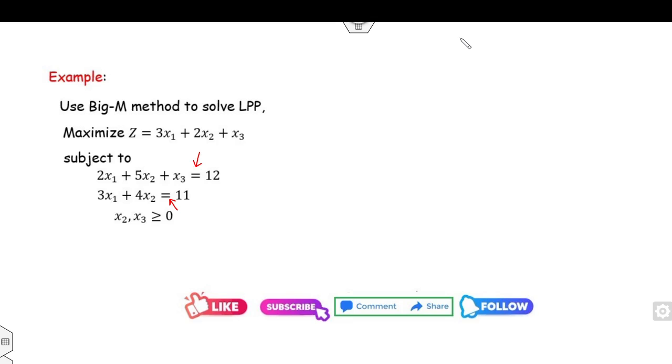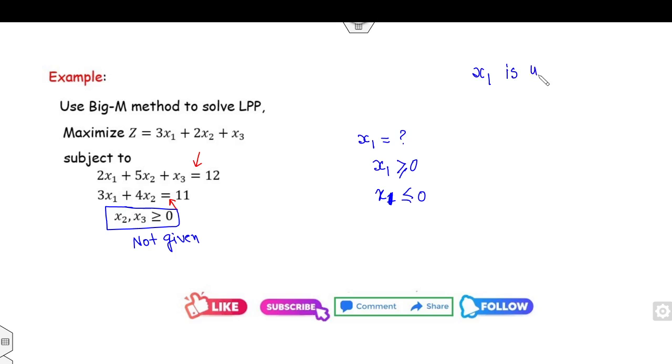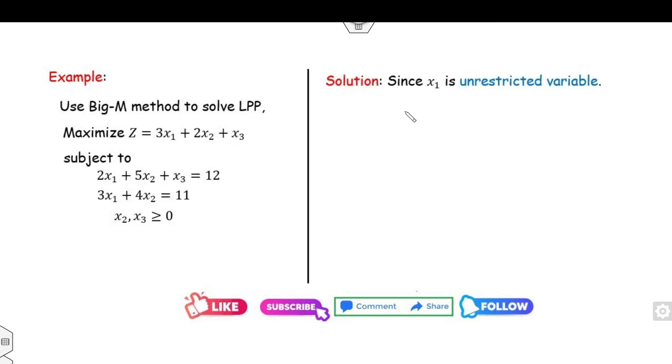But the most important thing is, if you look at these variables, what is the nature of x1? Whether x1 is greater than 0 or x1 is less than 0, it is not given. What does that mean? That means x1 is an unrestricted variable. Once the variable is unrestricted, how can you solve the problem?